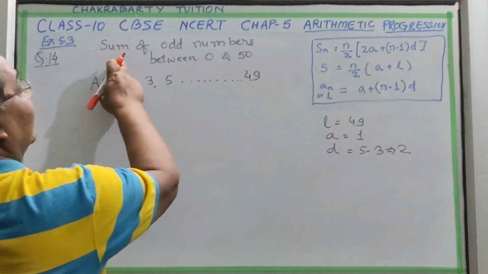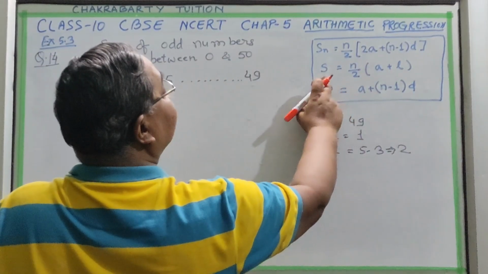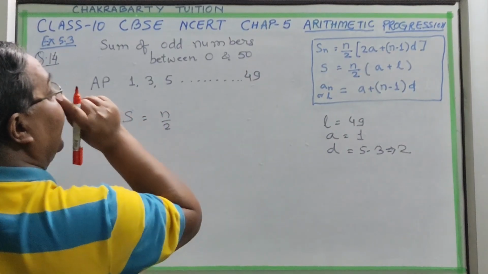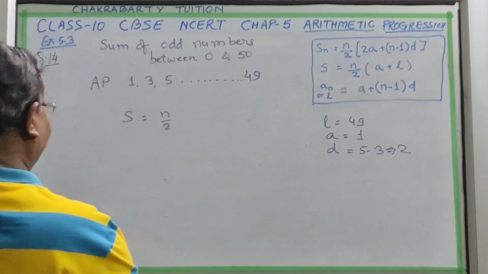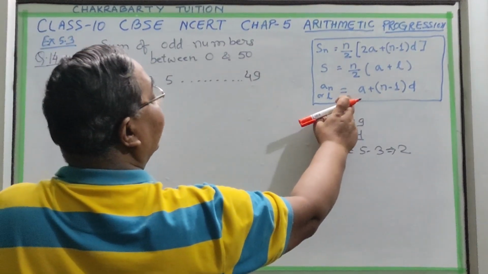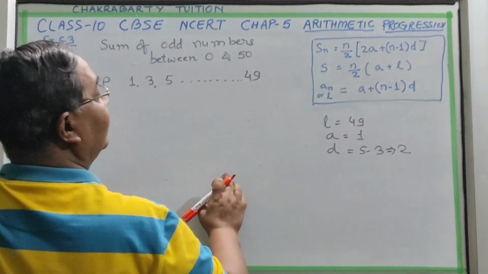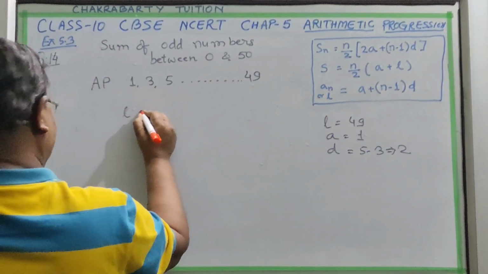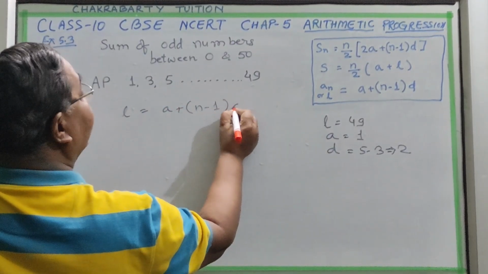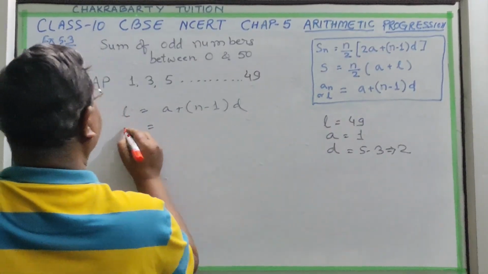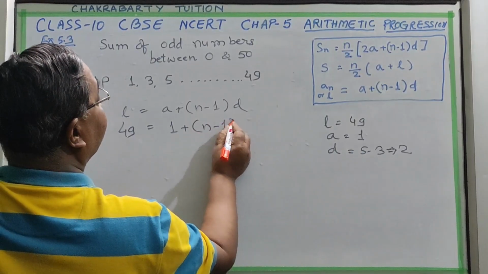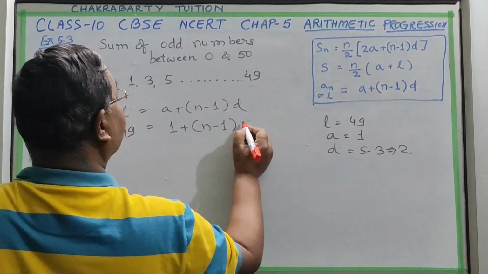Okay. So you have to find the sum. For the sum you can use the formula S equal to N by 2, but N is not known here. You have to find N first. Without N you cannot find the sum. So from here we can find N. L is equal to A plus (N minus 1) D. L is given as 49, A is given as 1, N is not known, and D is 2.